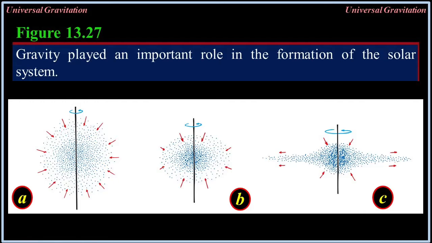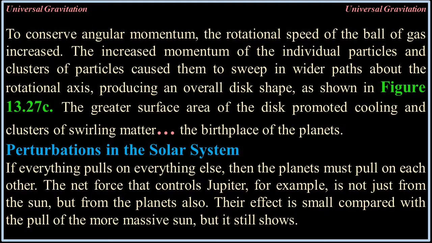A slightly rotating ball of stellar gas, which is illustrated in figure 13.27a, contracted due to mutual gravitation, which is shown in figure 13.27b. Gravity played an important role in the formation of the solar system. Here you have A, B, and C. To conserve angular momentum, the rotational speed of the ball of gas increased.